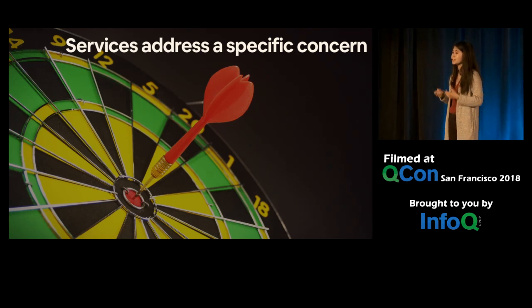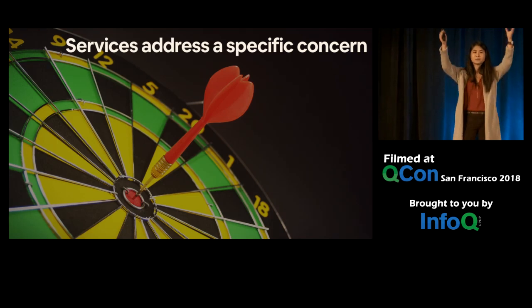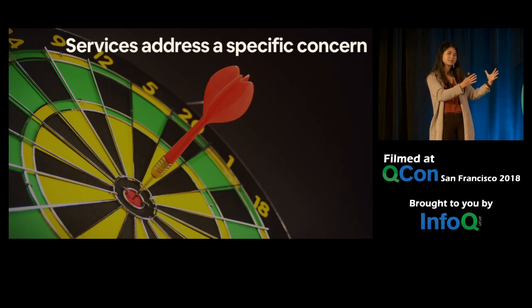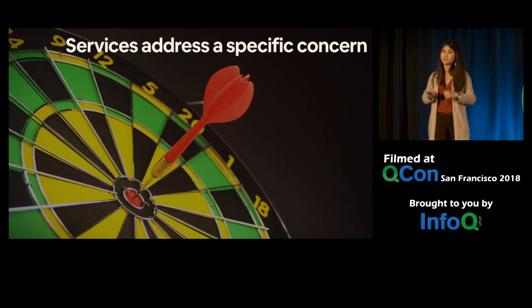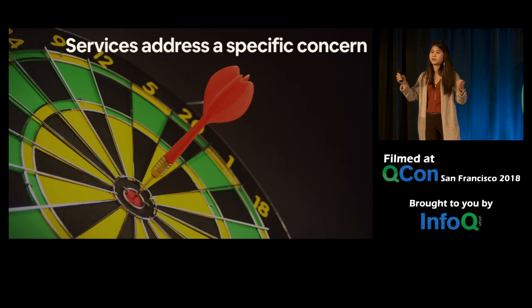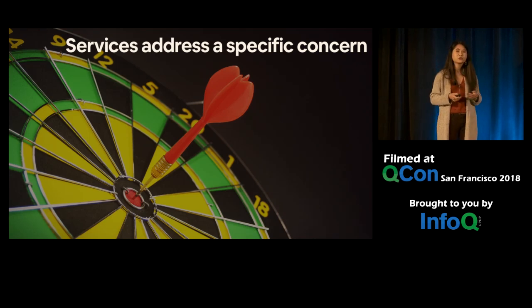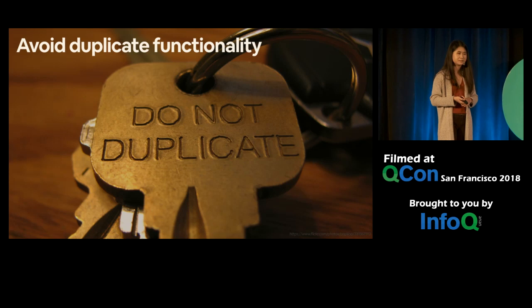Services should address a specific concern. We wanted to avoid going from a monolith, breaking it apart, but putting so much functionality in another service that it becomes the new monolith. We also wanted to avoid going from a monolith, breaking it apart into many smaller services, and now we have a polylith. So somewhere in the middle is where we were trying to go, where a service had a large enough scope, but was still focused, and did not duplicate other services' functionality.